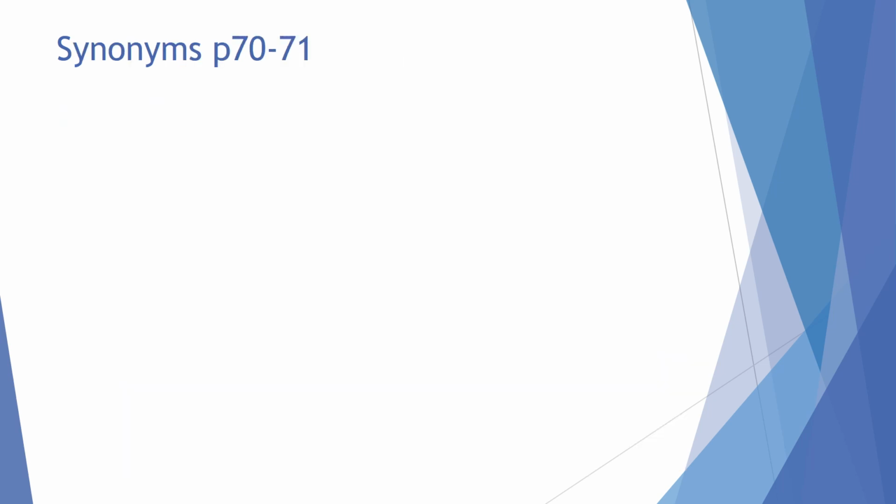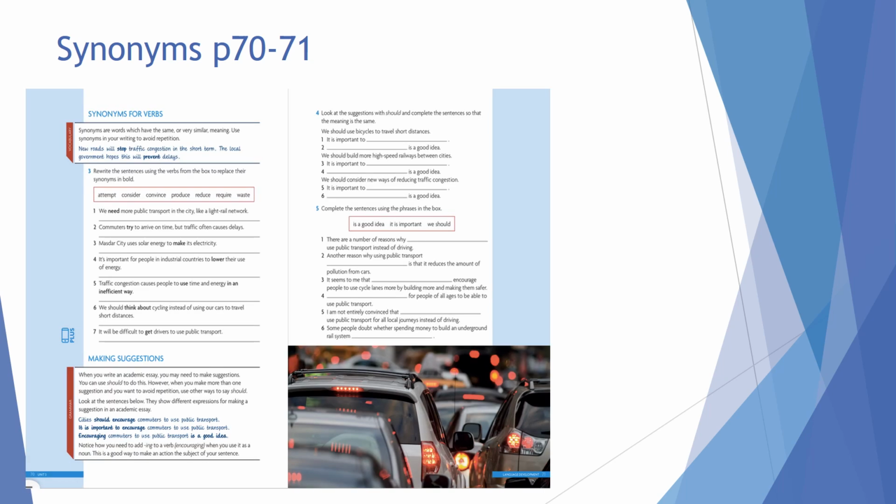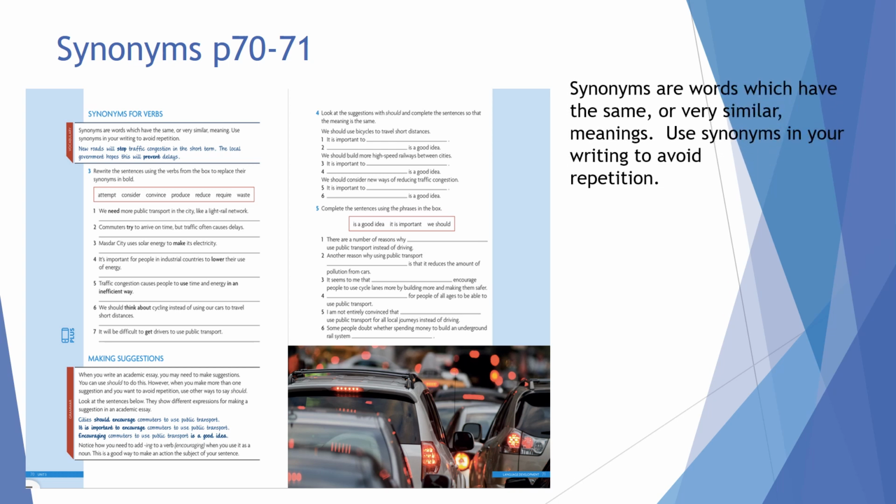And then you can move to page 70 and 71, which looks like this. And we're going to do a little bit of work on synonyms. Now, are you all familiar with what a synonym is? Synonyms are words which have the same or very similar meanings.